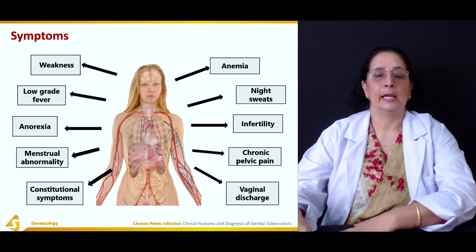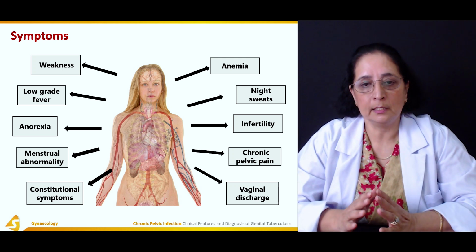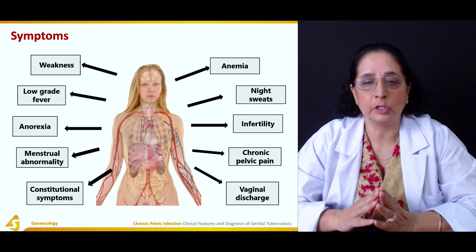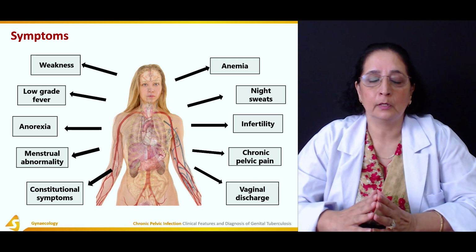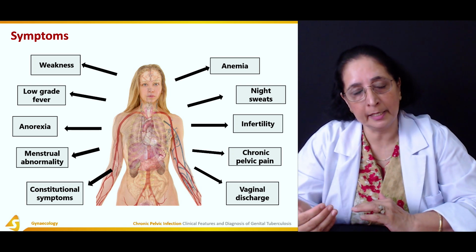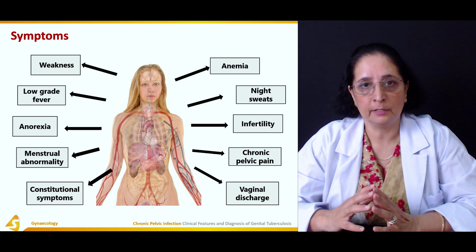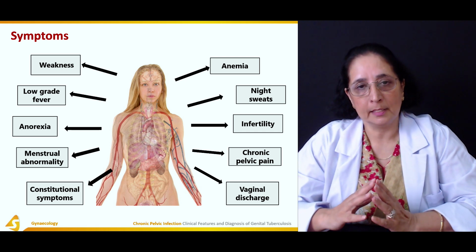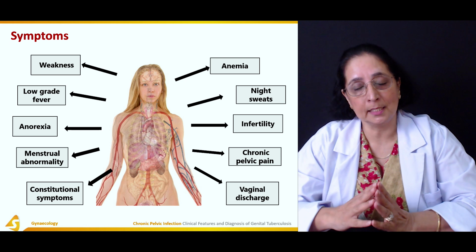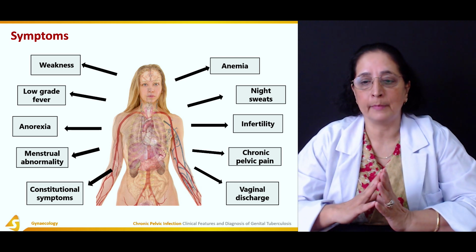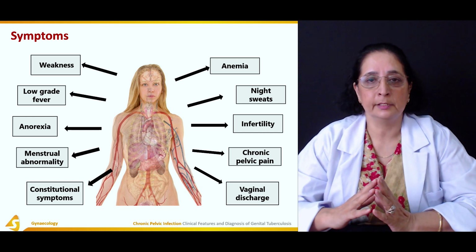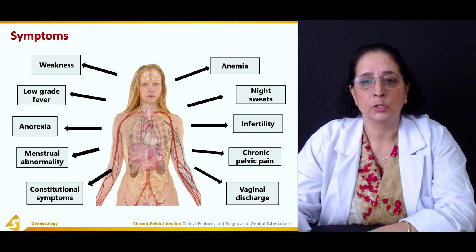And there is vaginal discharge. So all these are very common symptoms associated with pelvic or genital tuberculosis because it's a chronic infection. The patient is weak, pale, there is pain, tenderness, discomfort, anorexia, menstrual abnormality, vaginal discharge, and night sweats.